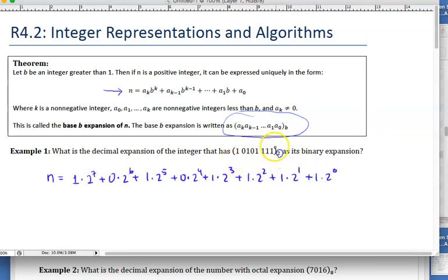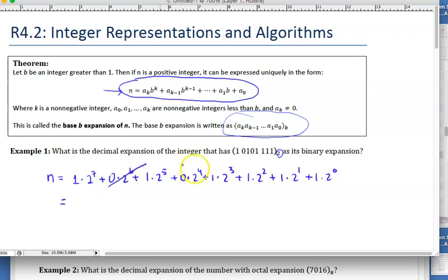So again, in this base 2 expansion, the 1s and 0s are numbers that are less than the base 2, and the order matters. Each of these numbers is a coefficient that multiplies the different powers of the base. So I plugged into that, and now we calculate.